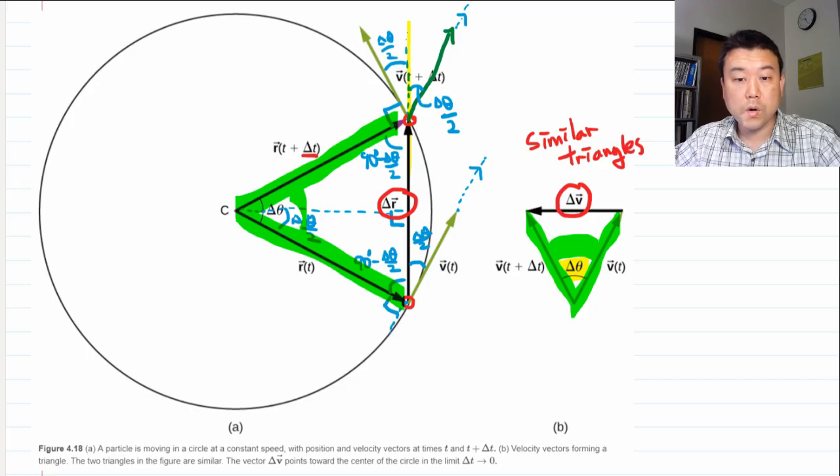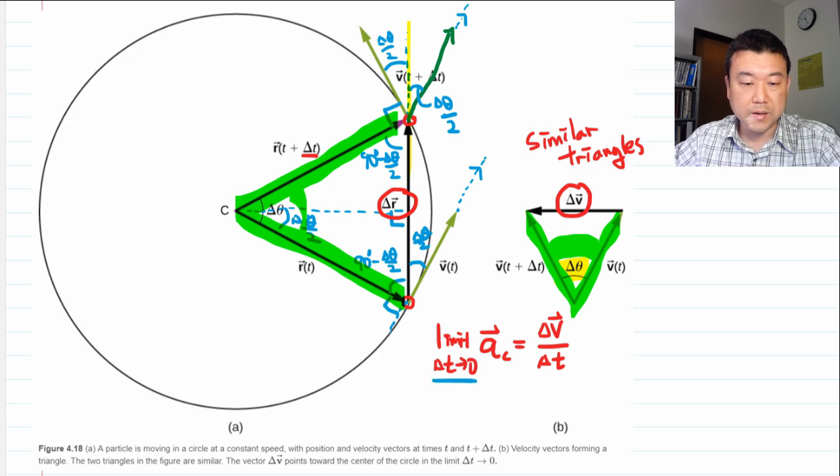And once you have an expression for delta v, then you can get the centripetal acceleration by saying that's delta v divided by delta t. And of course, for instantaneous centripetal acceleration, we take the limit of delta t going to 0.